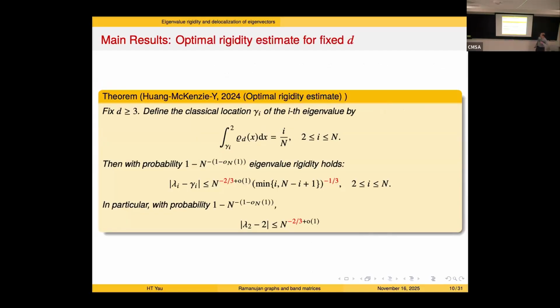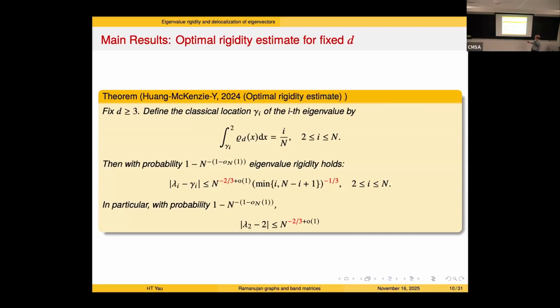Here is our main result, from last year, 2024. It's not just the second largest eigenvalue. Actually, all eigenvalues can be computed by using the Kesten-McKay law.